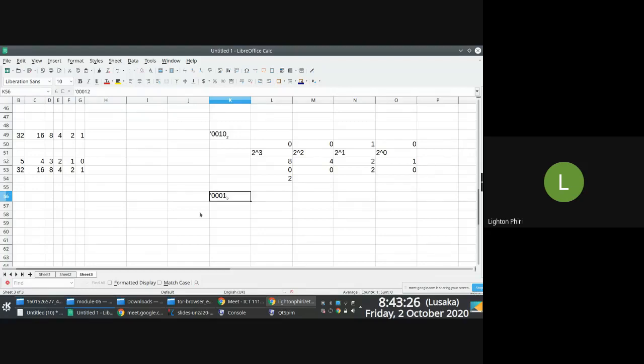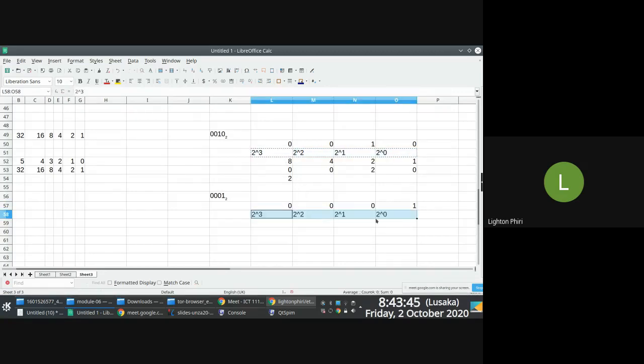So we convert 0, 0, 0, 1 to base 10. We do the same thing. We get the powers of 2 and evaluate these powers of 2. This is going to be the same answer.